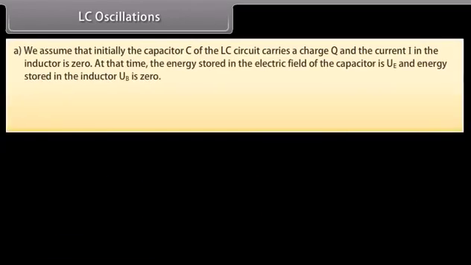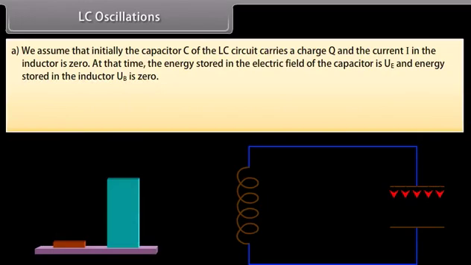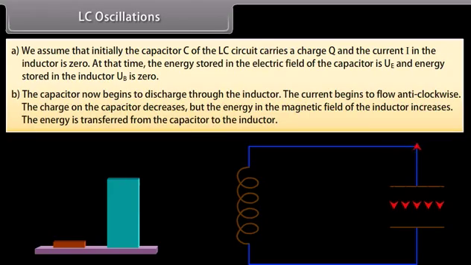LC oscillations. We assume that initially the capacitor C of the LC circuit carries a charge Q and the current I in the inductor is 0. At that time, the energy stored in the electric field of the capacitor is UE and the energy stored in the inductor UB is 0. The capacitor now begins to discharge through the inductor.